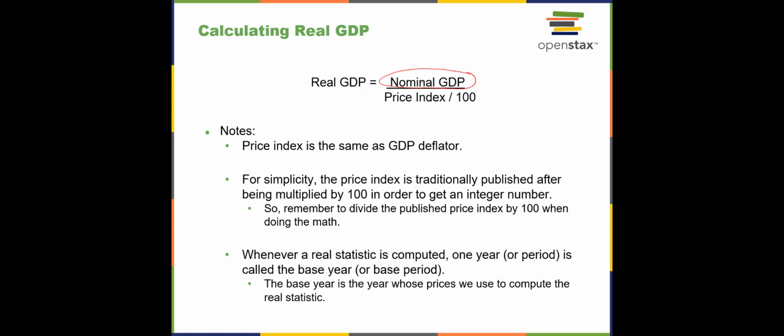To calculate real GDP, you take nominal GDP and divide it by the price index. Here, the price index is the GDP deflator over 100. For simplicity, the price index is traditionally published after being multiplied by 100 in order to get an integer number. So don't forget to divide the published price index by 100 when you're calculating the real GDP.